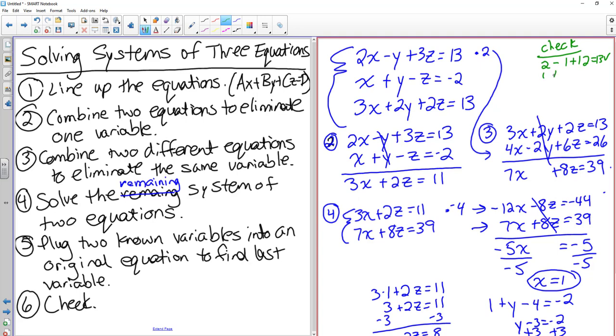And then 1 plus 1 minus 4, 2 minus 4, yep, that's negative 2. And then 3 times 1 is 3, 2 times 1, 2, plus 2 times 4 is 8. So 5 plus 8, yep, that's 13. So they all worked, so we know we got the correct answer for our system.